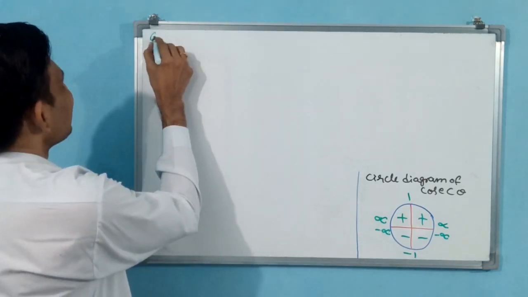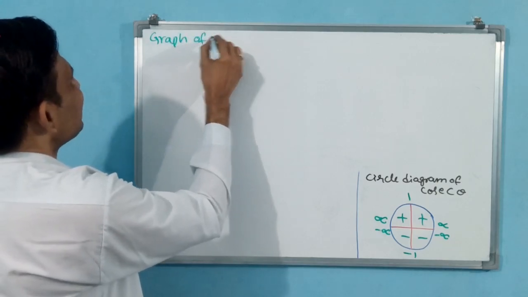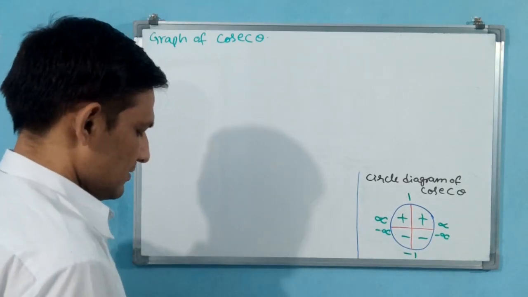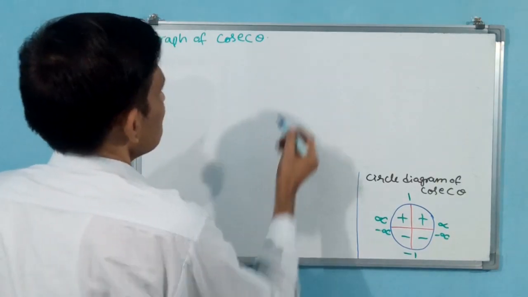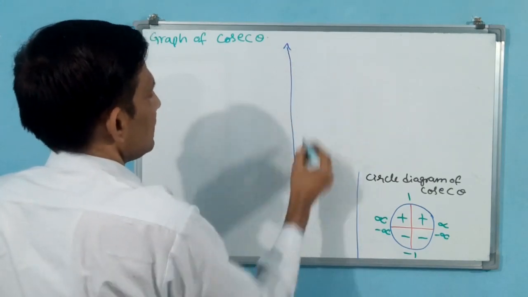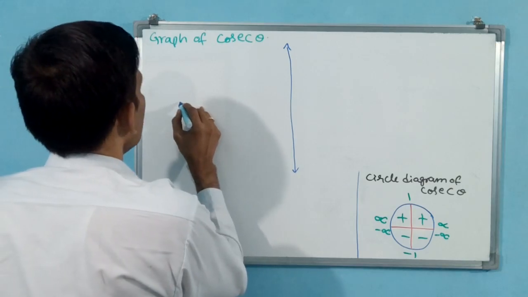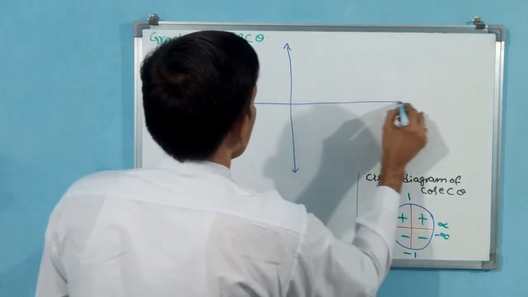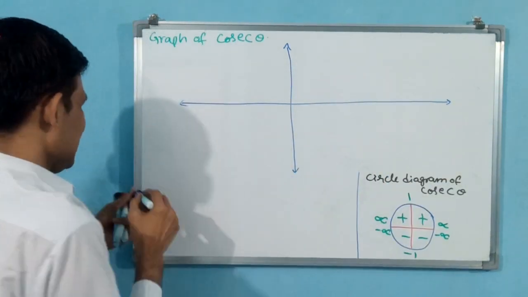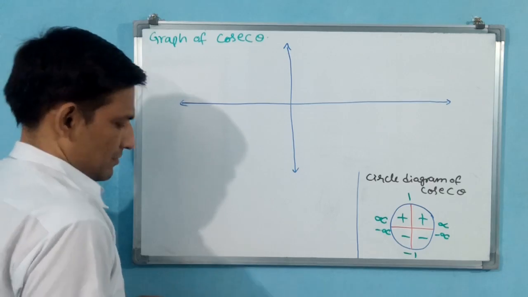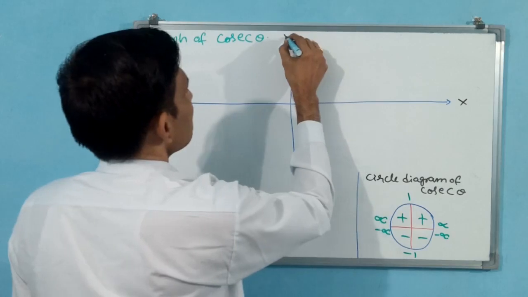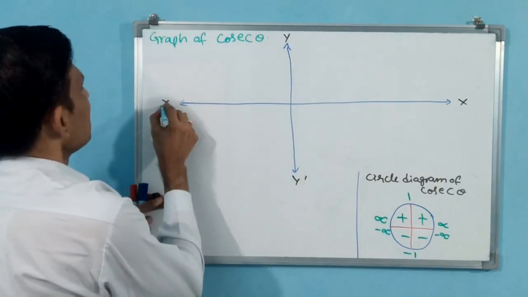Graph of cosecant theta. x, y, y dash, x dash.